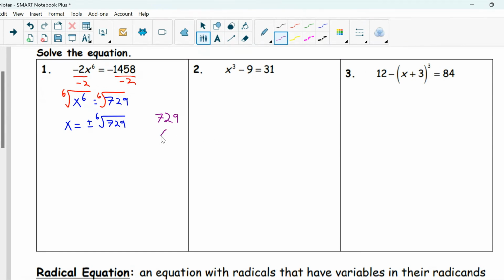So 729, let's see, I can make that 27 times 27. Factoring my 27s, I've got 9 and 3, 3 and 3, and same goes on this side.